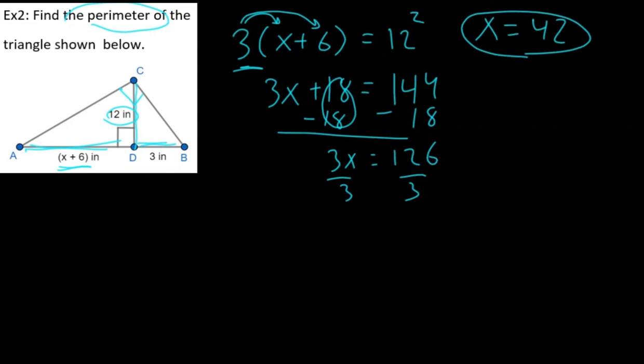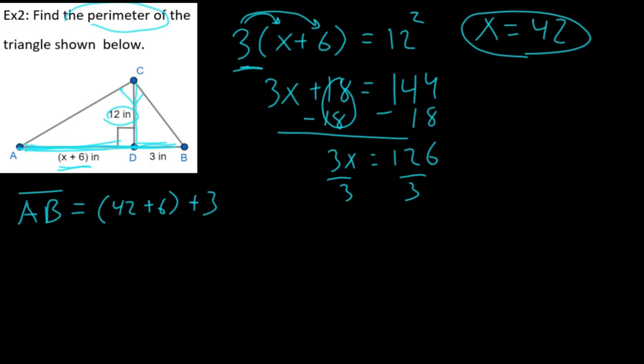This is quite a long segment that we have here, so let's continue on in this blue color and write out AB. So we have line segment AB is equal to, and let's plug this 42 in. We know that x is 42, plus 6, and then of course plus 3, because we're adding these two segments together.